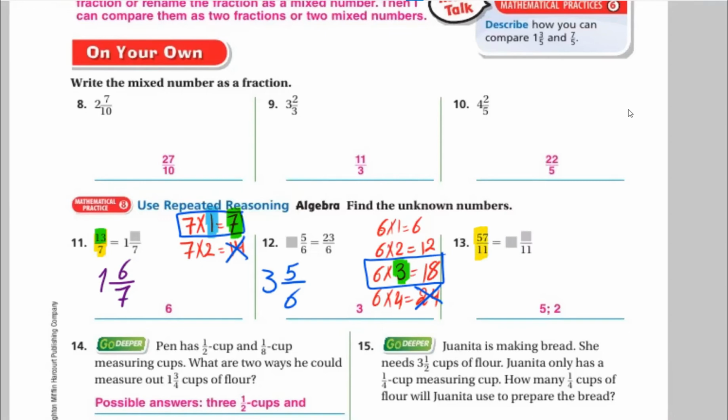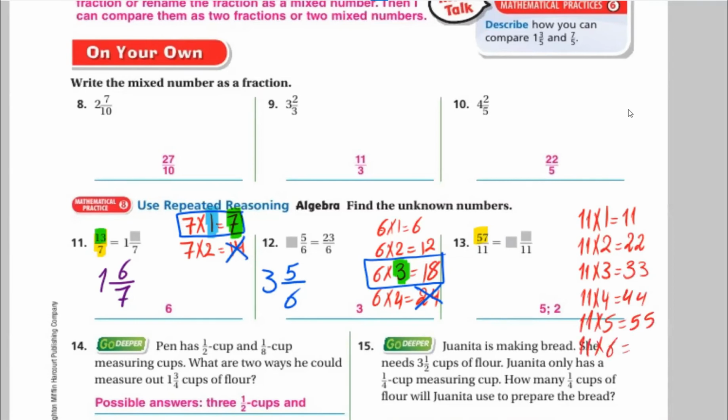We're going to check the multiplication table of 11. 11 multiplied by 1 equals 11. 11 by 2 equals 22. 11 multiplied by 3 is 33. 11 multiplied by 4 is 44. 11 multiplied by 5 is 55. 11 multiplied by 6 is 66.